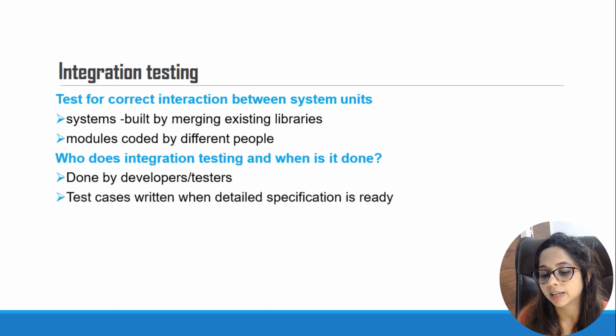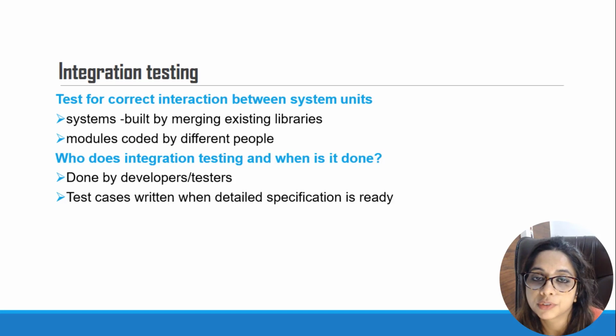And test cases are written when detailed specification is ready. Yes, so we can only create integration test cases once we have the low level design specifications, proper functional specifications are ready with us, because integration testing is a very in-depth testing which needs a lot of understanding of the software we are going to test on.